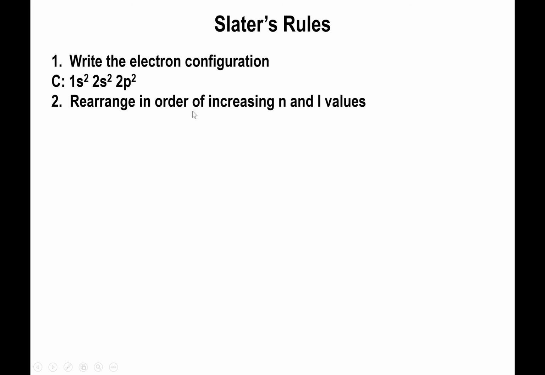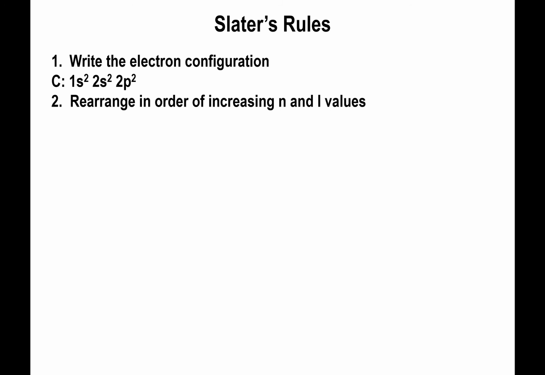And then what you do is rearrange the configuration such that it increases in order of n, and within orders of n, you increase in values of l. So that's to say that, let's say for the third energy level, you would have s orbitals, p orbitals, d orbitals, f orbitals.